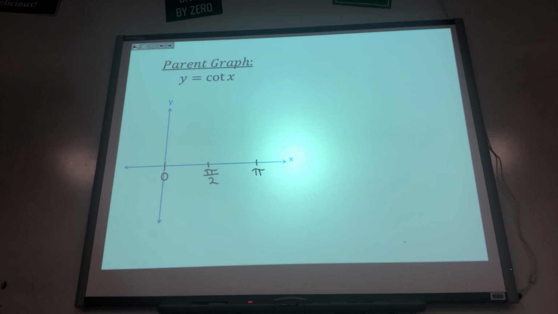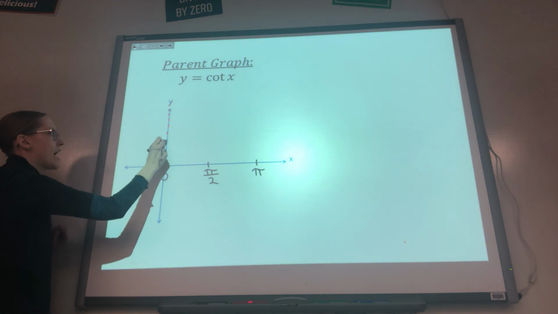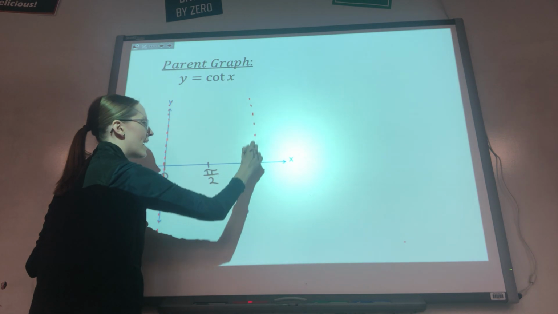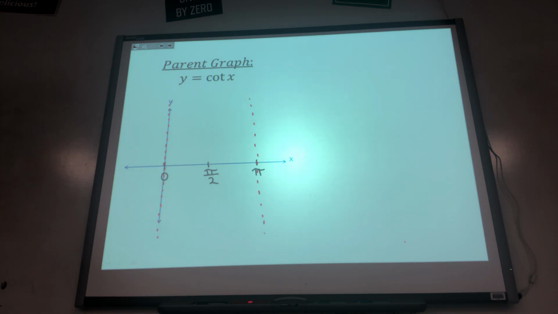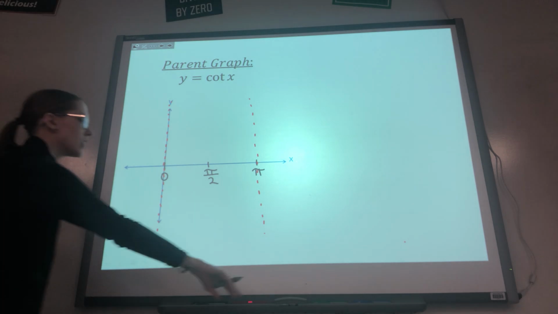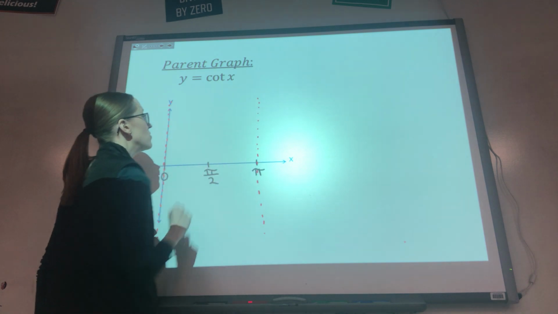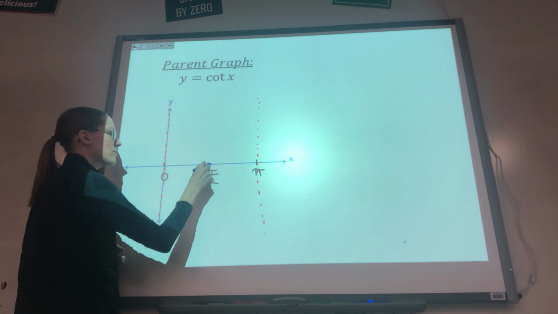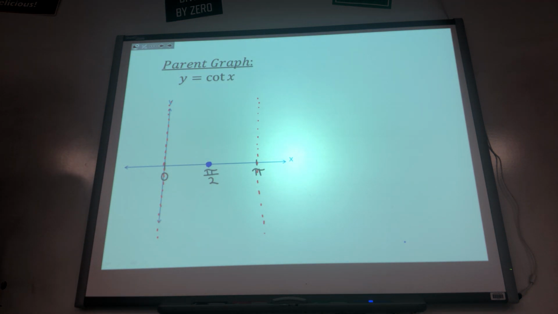Instead of having asymptotes at negative pi over 2 and positive pi over 2, the asymptotes are actually at 0 and pi. So again, draw some dotted lines there to show that that's not really something on your graph. That's something you can't cross. And the pi over 2 is going to end up being our center point.